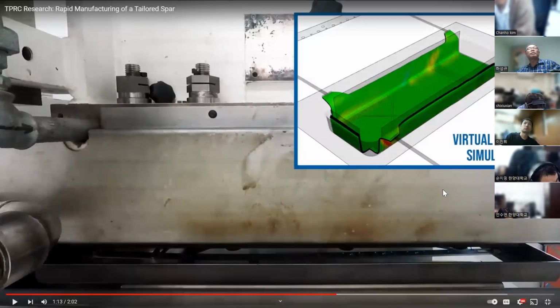Okay, this is the forming process. In metal, this is called the stamping procedure, a very typical procedure for metal, but for composite it is kind of challenging and yet very much in demand in composite manufacturing.